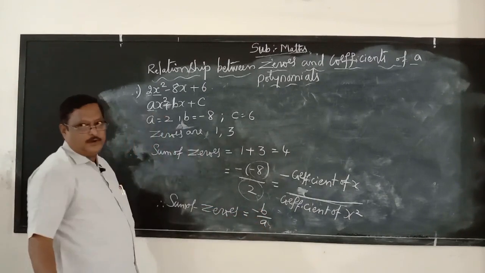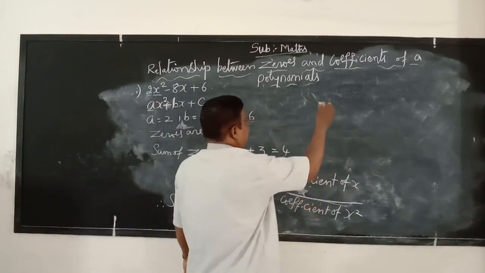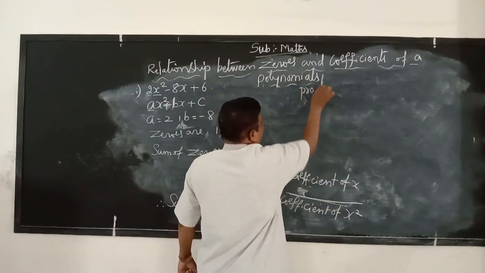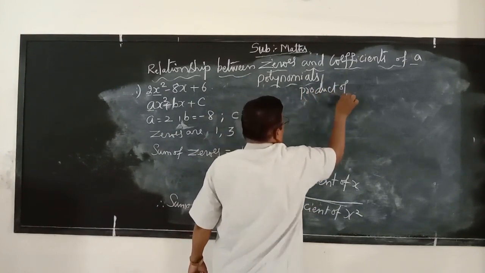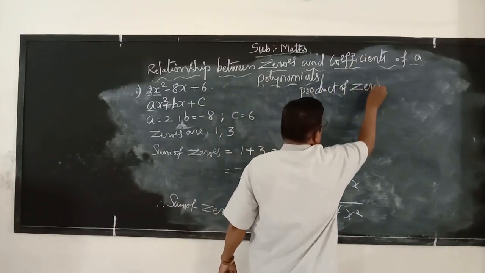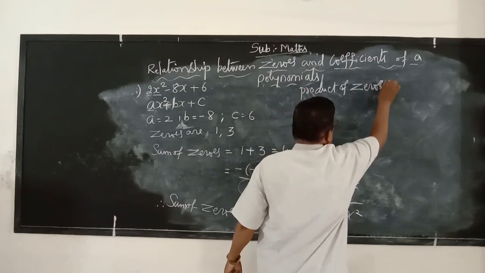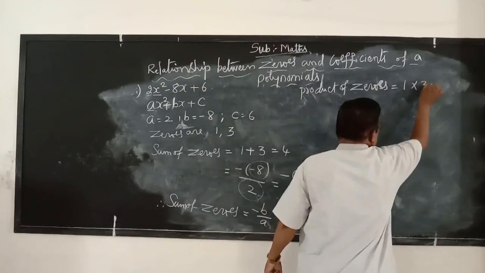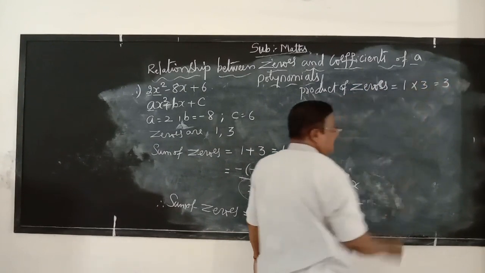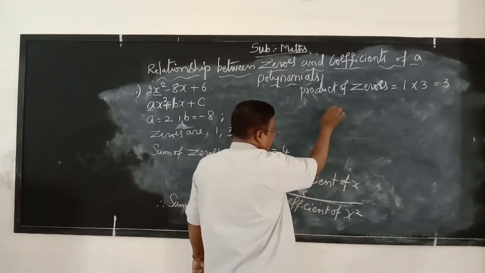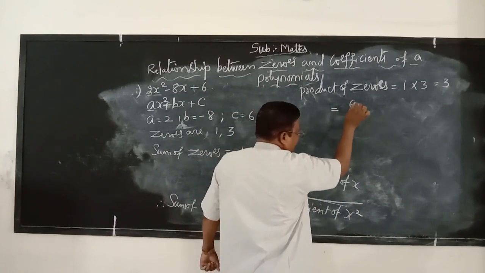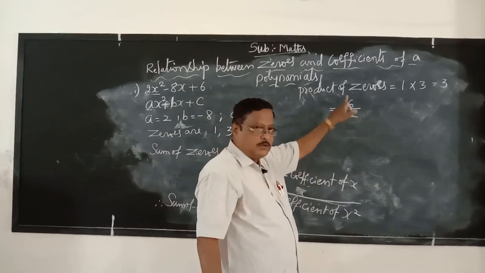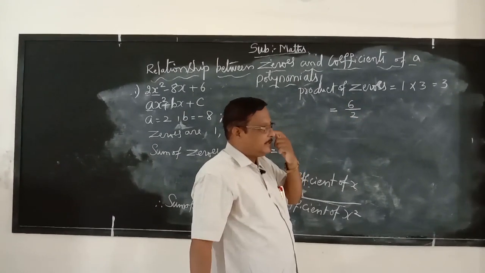This is the formula. Next, the product of the zeros. Product of zeros is equal to 1 into 3 is equal to 3. Here product of the zeros is nothing but, you see here 3 can be written as 6 by 2. 2 ones are 2, 2 threes are 6, cancels, as it is 3 comes.